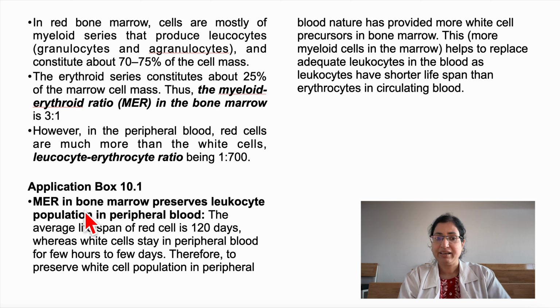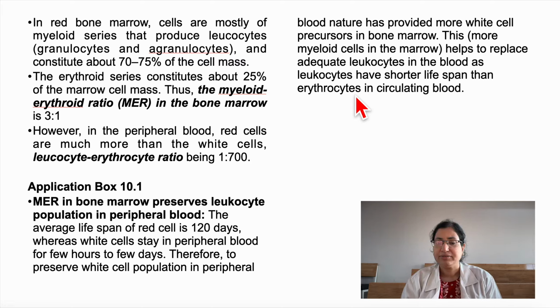The average lifespan of red cell is 120 days, whereas white cells stay in the peripheral blood for few hours to few days. Therefore, to preserve white cell population in the peripheral blood, nature has provided more white cell precursors in bone marrow. This more myeloid cells in the marrow help to replace adequate leukocytes in the blood, as leukocytes have shorter lifespan than the erythrocyte in circulating blood.